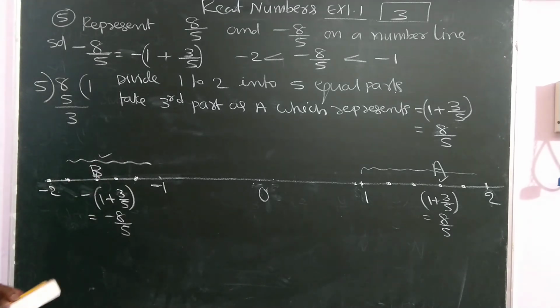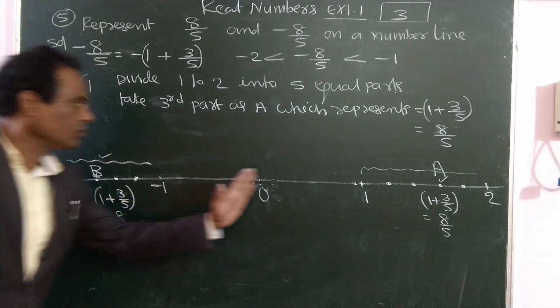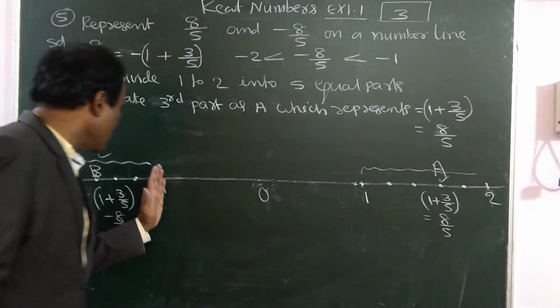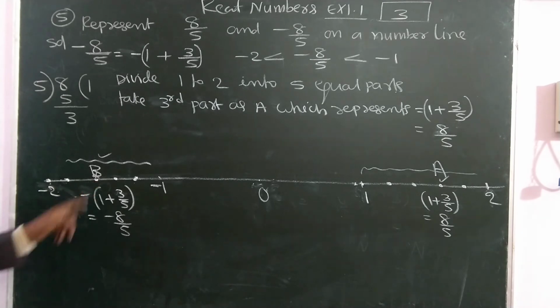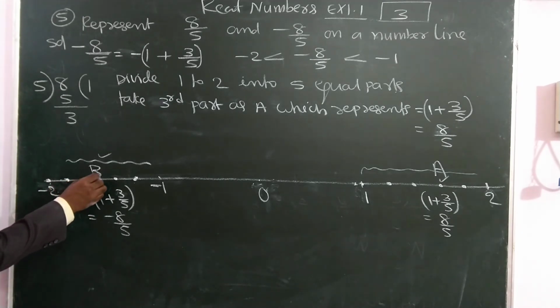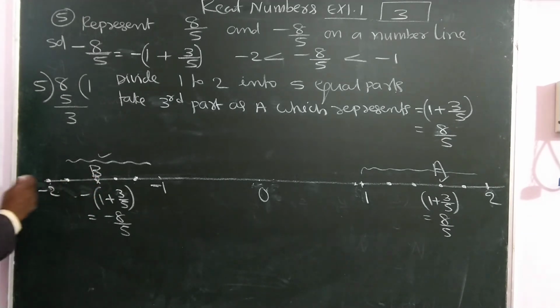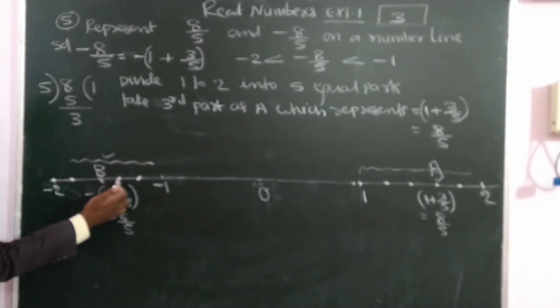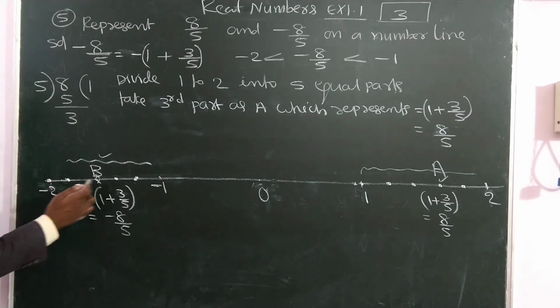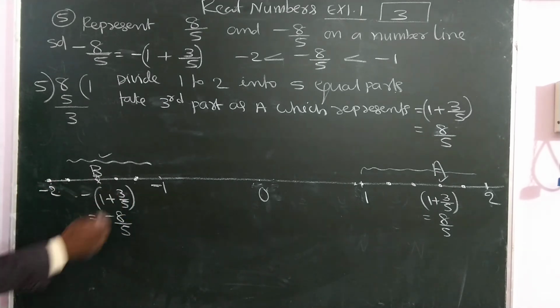So the third part not from this side. If it is taken from 1, this should also be taken from minus 1. This side we have to count. 1, 2, 3. This is B. Don't take it from this side. From minus 1: first part, second part, third part, fourth part, fifth part. So we should take the third part because our number is 3 by 5.